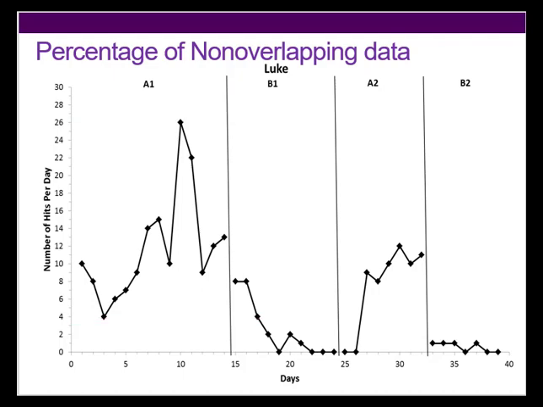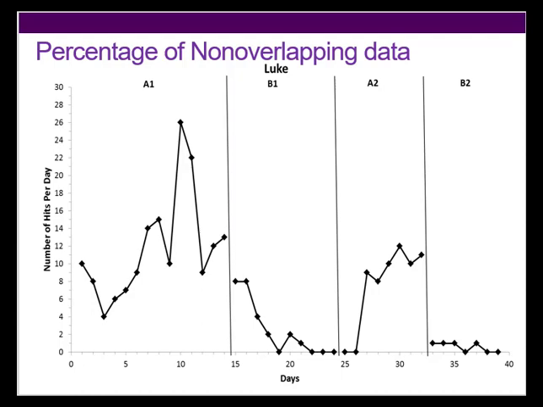Is there a functional relation documented by the full data set within the study? Well, we need 3 demonstrations of an effect at 3 different points in time. We've established a minimal effect between A1 and B1. As we visually inspect phases B1 and A2, we can see an overlap or delayed effect. The data eventually accelerate in the direction of improvement, but the PND of 50 is again minimally effective.